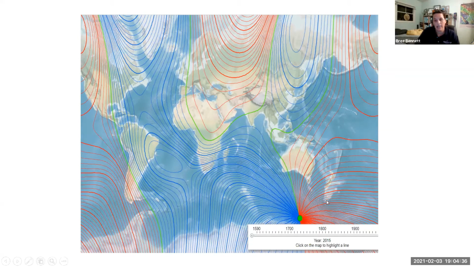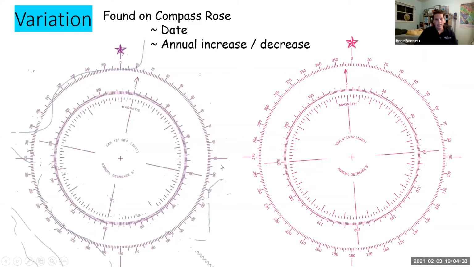Let's look. I think I have this on the next slide. Yes. Our variation is found on the compass rose. Each compass rose has variation in the middle. It's VAR, and then it gives you degrees, and it tells you when that number was calculated or acquired.